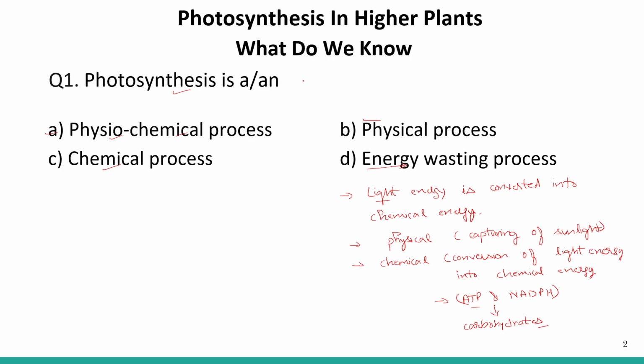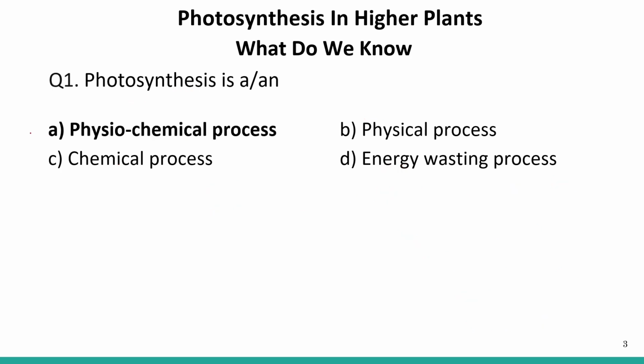Photosynthesis takes place in two phases. First is the light reaction, during which light is required, and second is the dark reaction, also known as the biosynthetic phase or dark phase. So what should be the correct answer here? Option A is the correct answer.